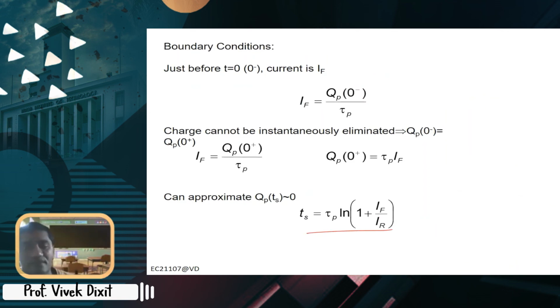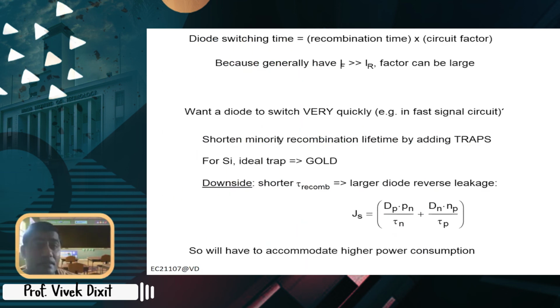So that will be the factor for your storage time. So let's conclude this one. So diode switching time is basically recombination time multiplied by the circuit factor. Now you can extract the carriers faster by increasing IR, but in the typical circuit you see the forward current is much larger than the reverse current.